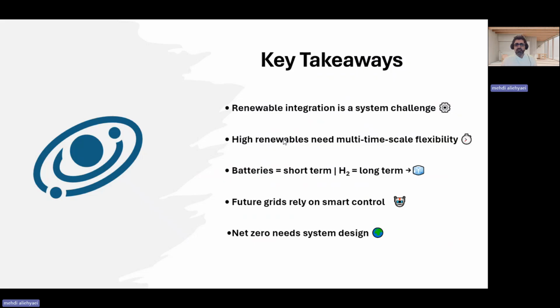And also the third key takeaway: batteries for the short term and H2 for the long term. Future grids rely on smart control, and also net zero needs system design.